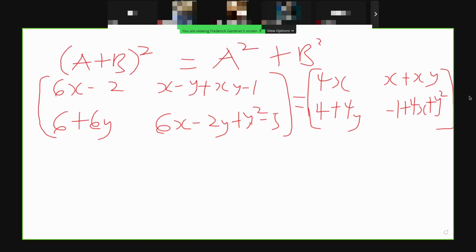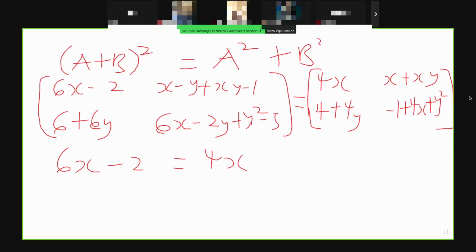They have to be of the same size, and corresponding elements are also supposed to be equal. If that is so, the smartest way to get my x and y is to equate 6x minus 2 to 4x.